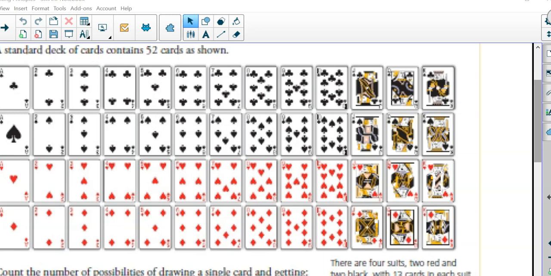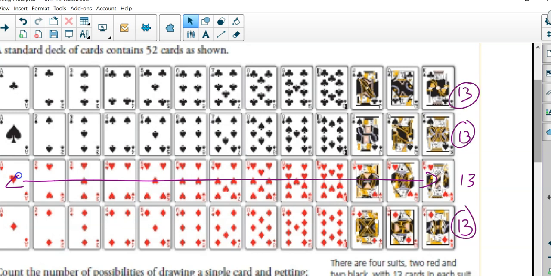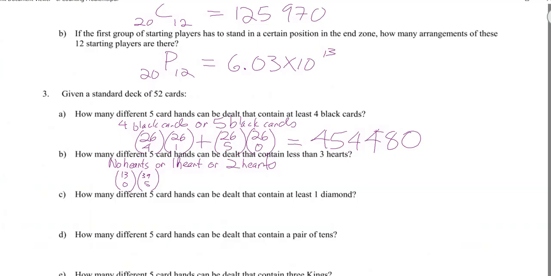So there are 1, 2, 3, 4, 5, 6 black face cards, 6 red face cards, a total of 12 face cards. There are 4 suits: clubs, spades are the black ones, hearts, diamonds are the red ones. So there are 13 hearts. That's here. There are 13 of each. And 52 cards. So there are 39 cards which are not hearts.